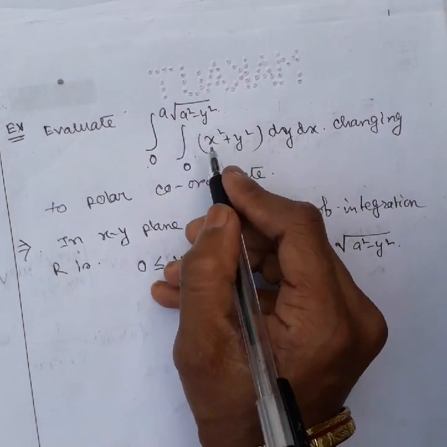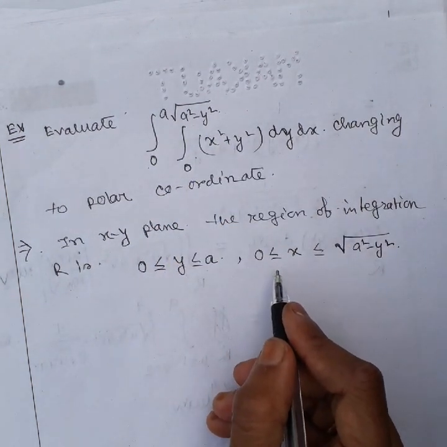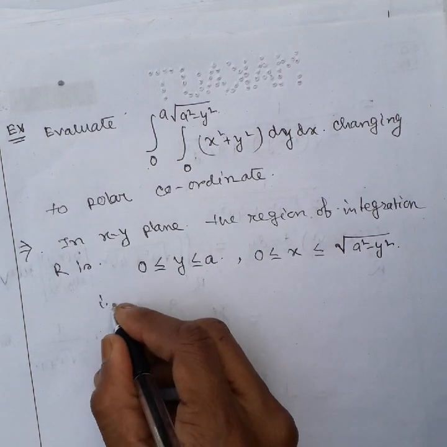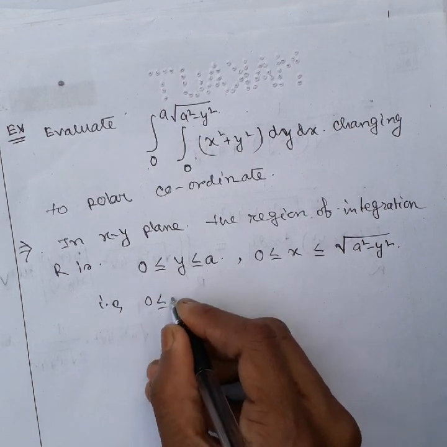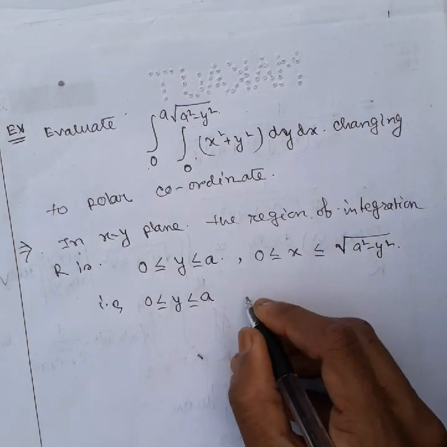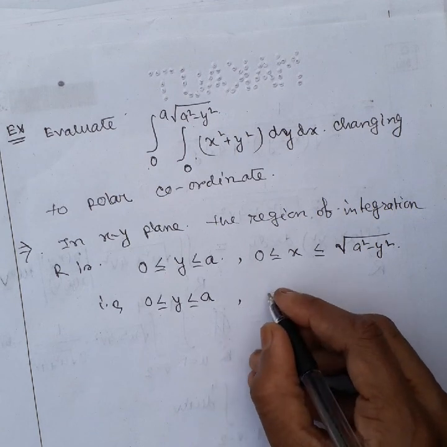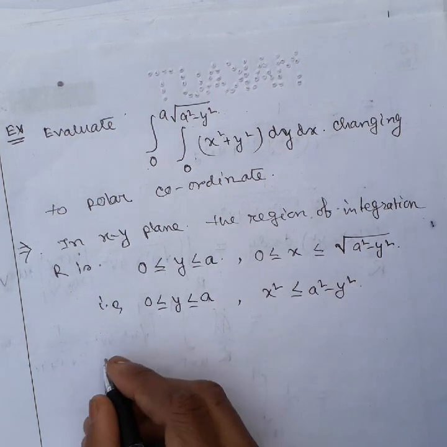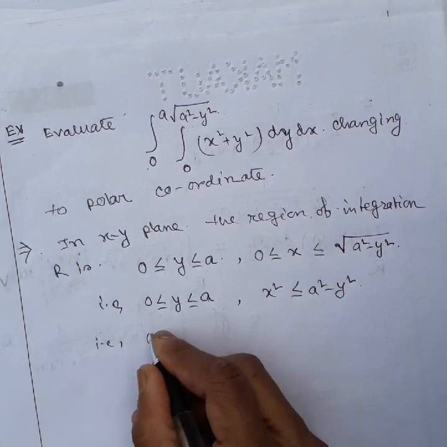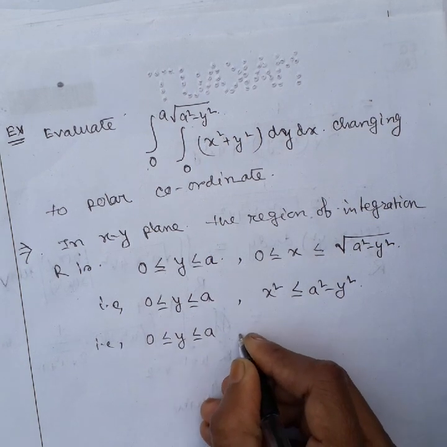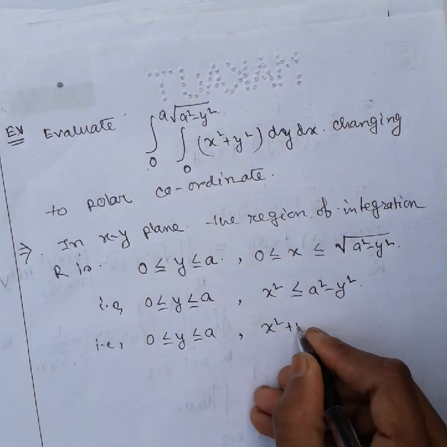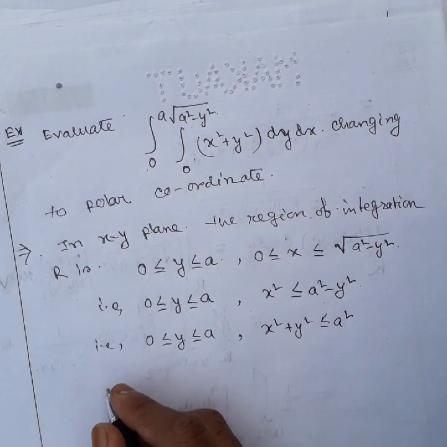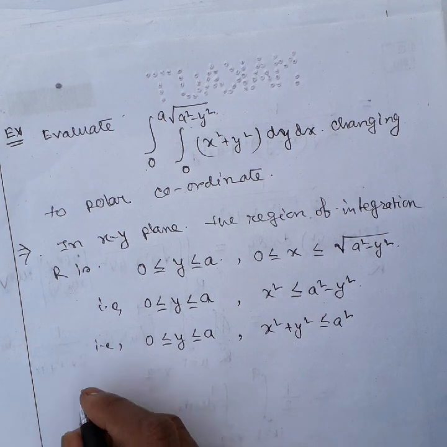As it is a function of y, it must be the limit of x. That means 0 less than or equal to y less than or equal to a, and x square less than or equal to a square minus y square. That means 0 less than or equal to y less than or equal to a, and x square plus y square less than or equal to a square. Okay, so there is a circle.